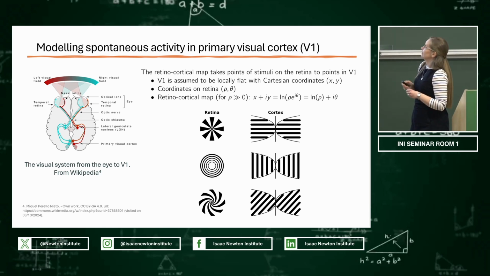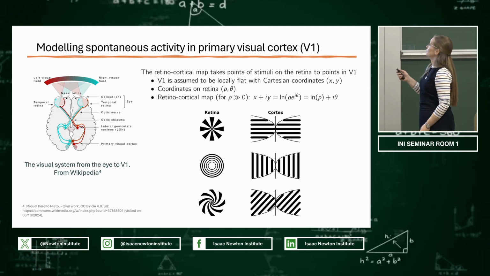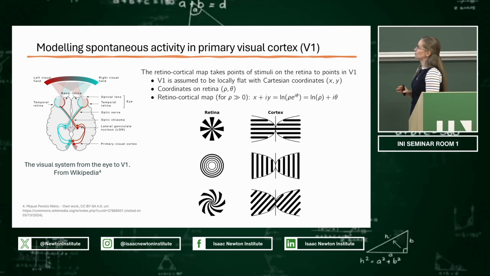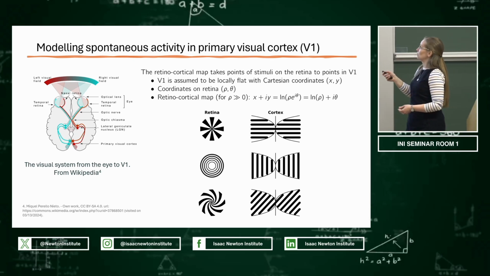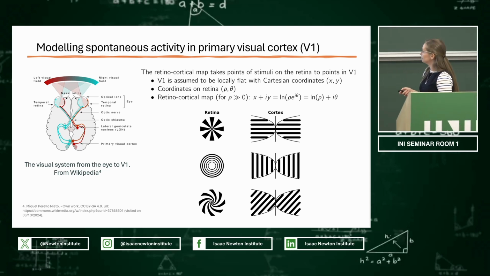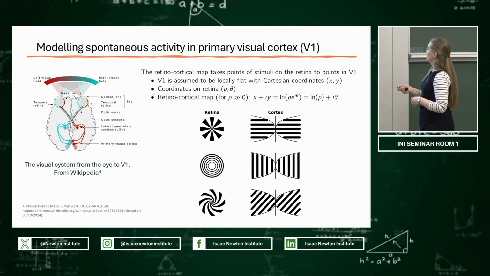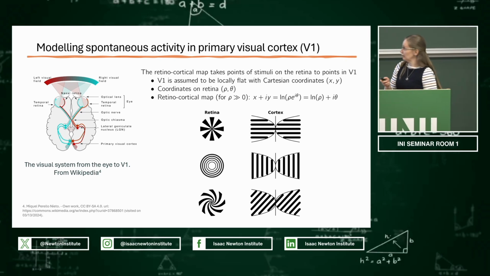So fan shapes become horizontal stripes in the cortex, and the circle patterns become vertical stripes. And so you can see that the MacKay effect has orthogonal patterns on the retina, and you also get orthogonal patterns in cortex. Okay, and obviously you have oblique lines in cortex that correspond to these spiral patterns.